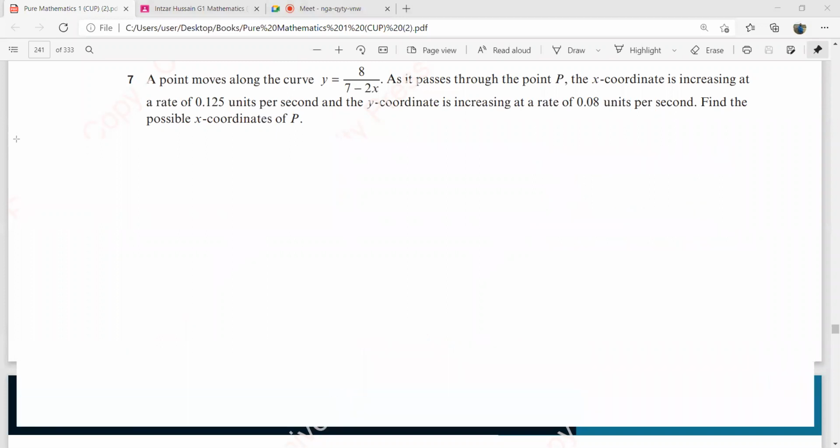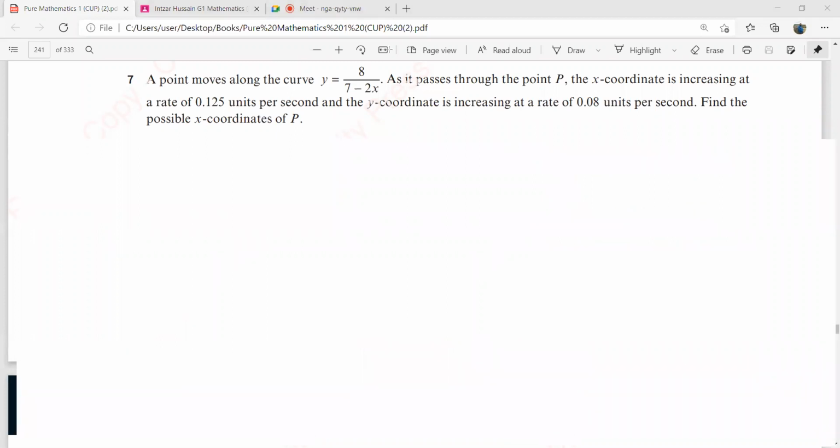It says in the 7th question that a point moves along the curve y equal to this. I would be writing this as 8 into 7 minus 2x raised to power minus 1, because I know I have to differentiate it.